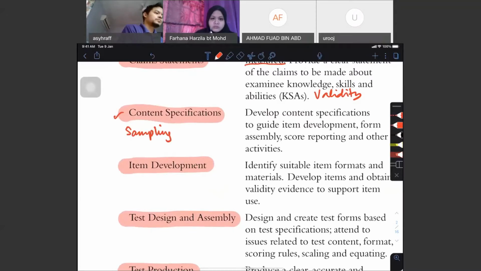When we say develop content specifications, basically we look at our blueprint. This is, for me, the most important thing we look at in this step.